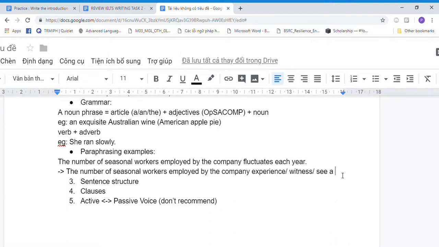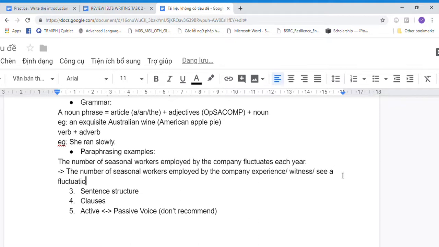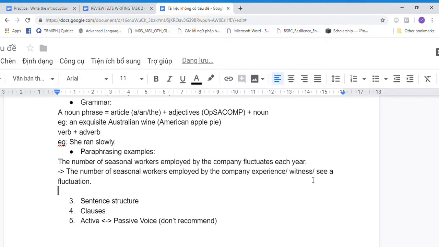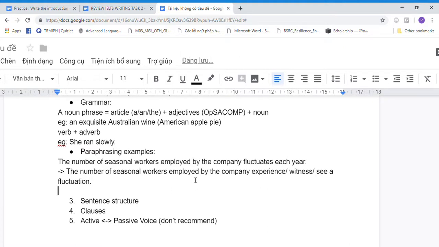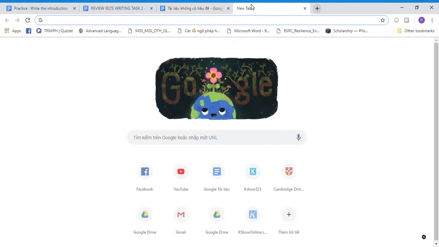See a fluctuation. But if I want to make this sentence more complex, fluctuate. So fluctuate cannot be made complex. So I will use other examples.